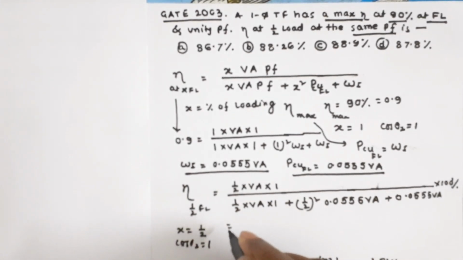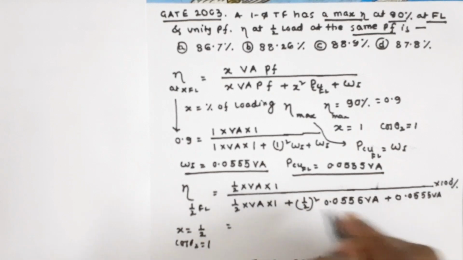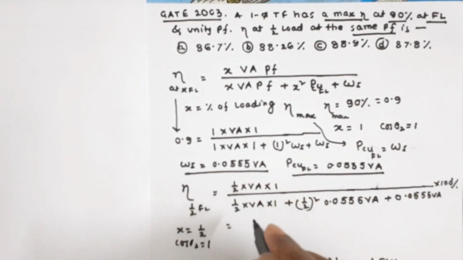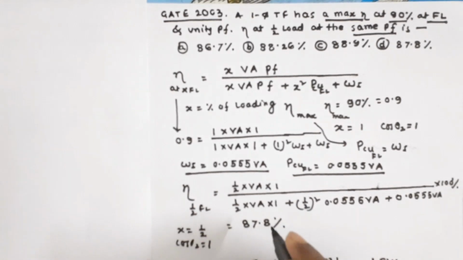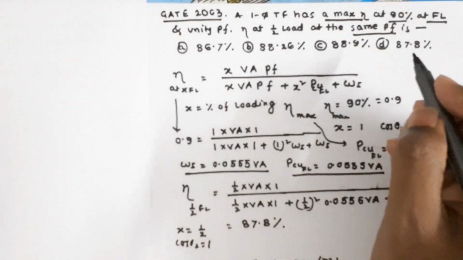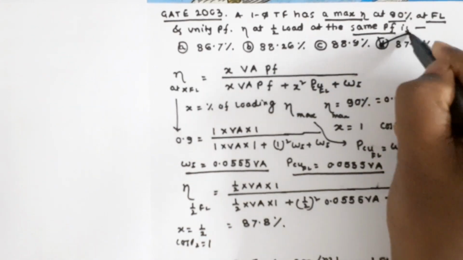Then the VA will be cancelled out. If I do the simplification, I get the efficiency at half load as 87.8%. That is option D, the correct option.